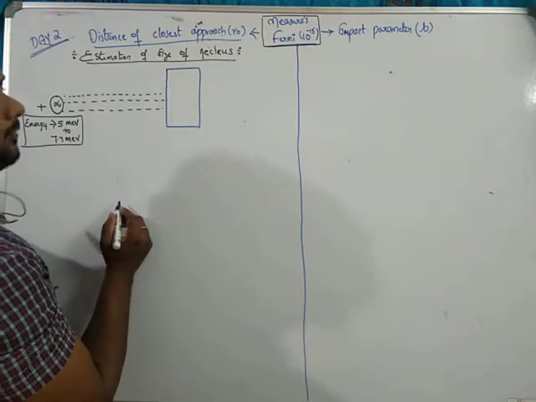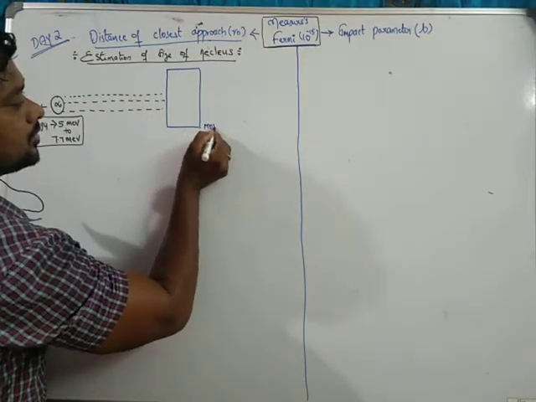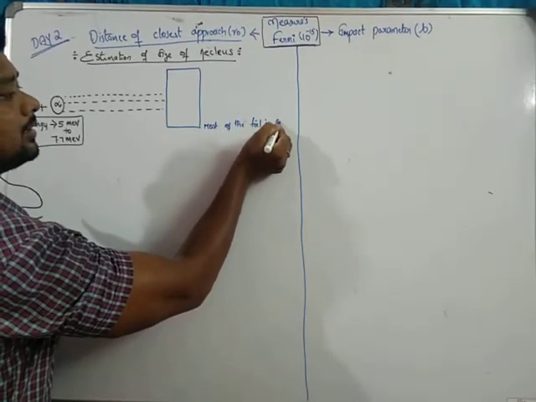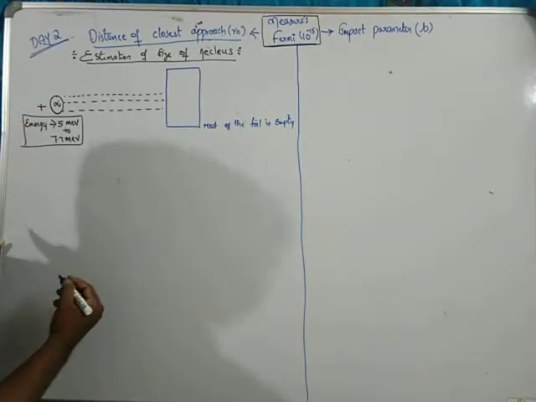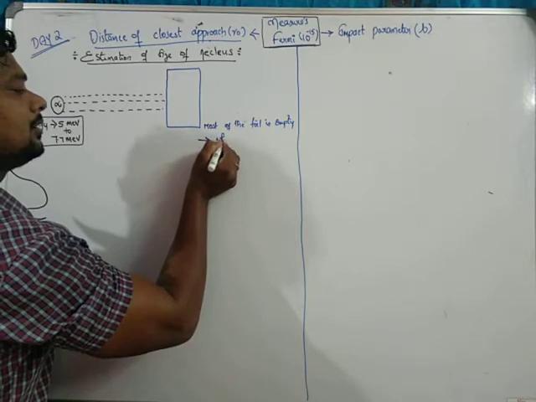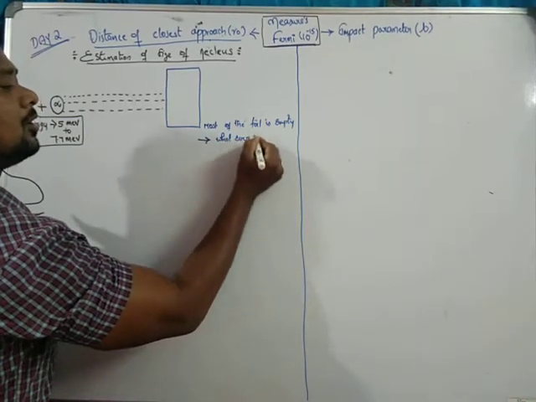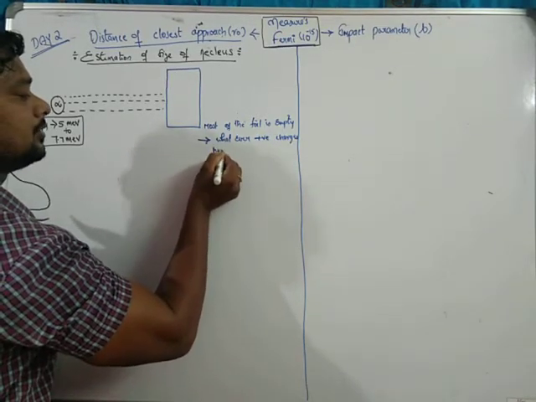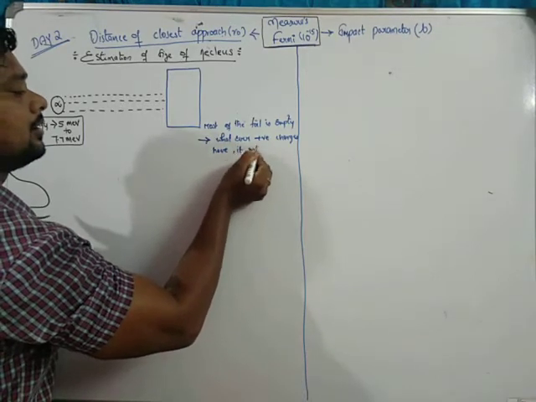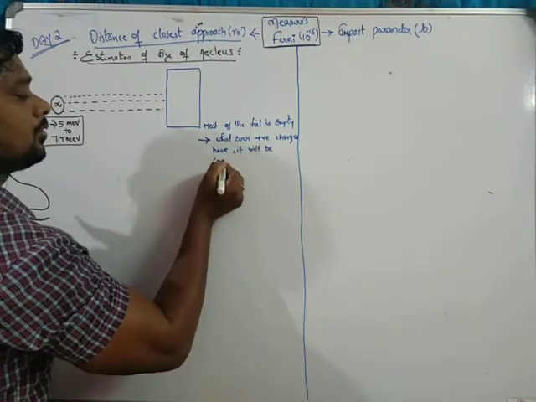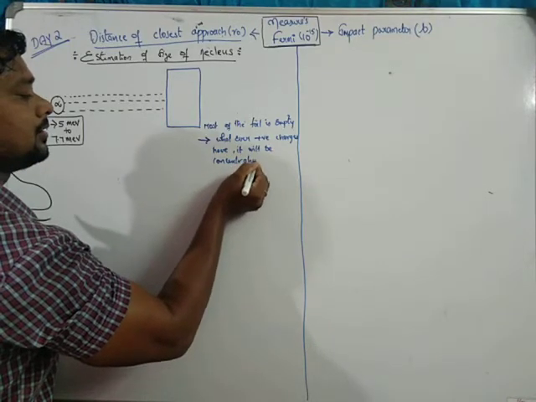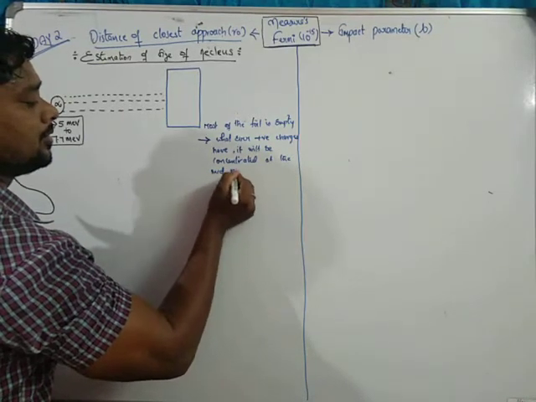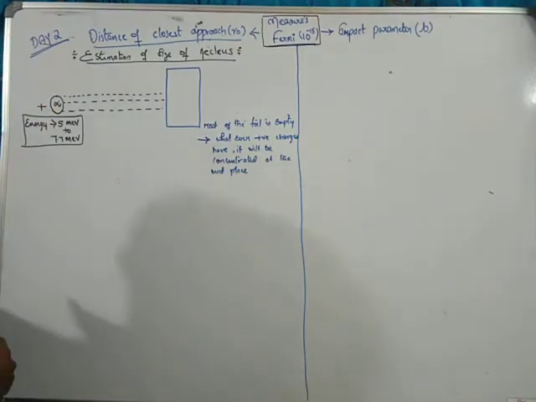Any type of material we can consider, but most of the foil is empty, and whatever positive charge it has will be concentrated at the middle place.